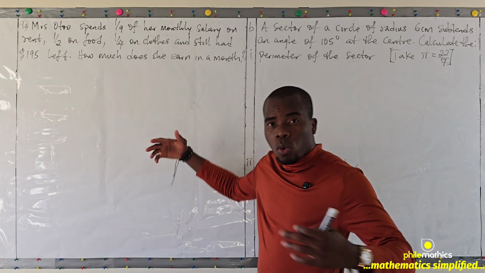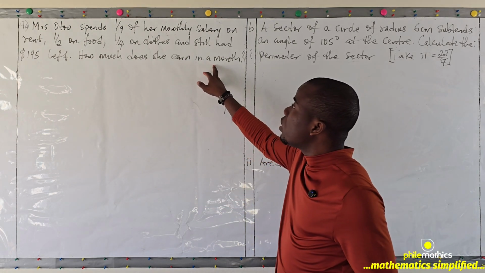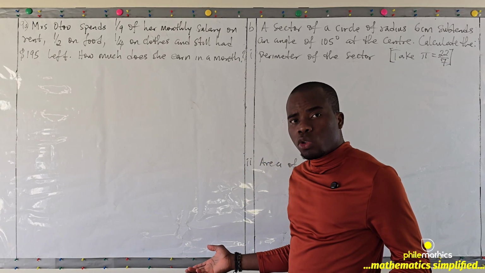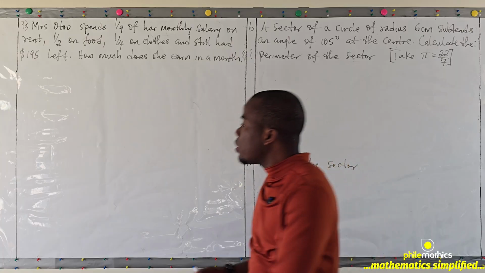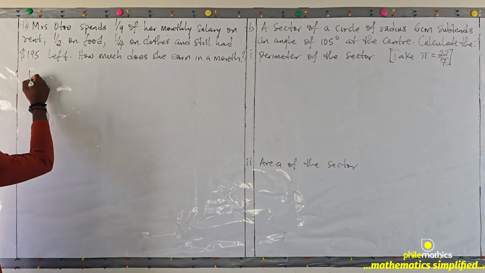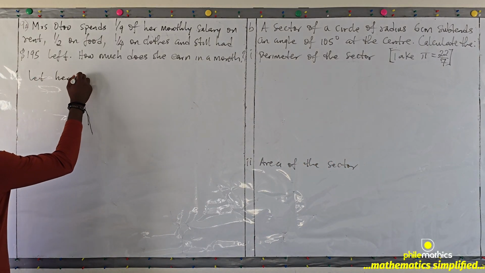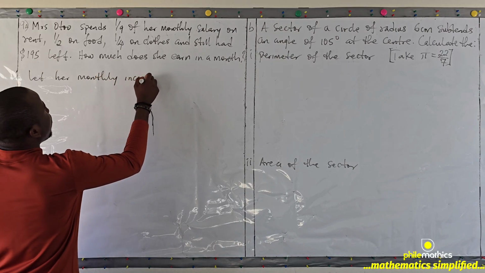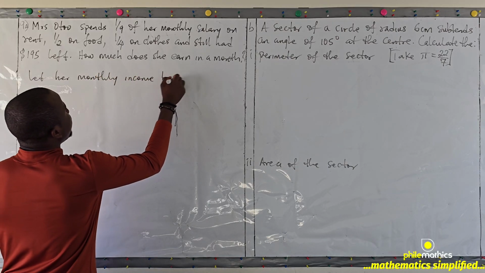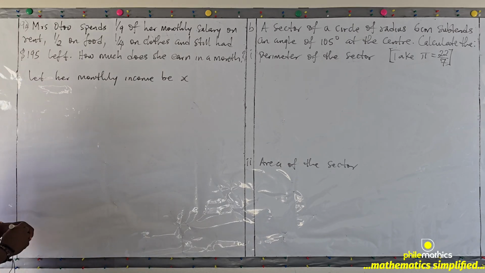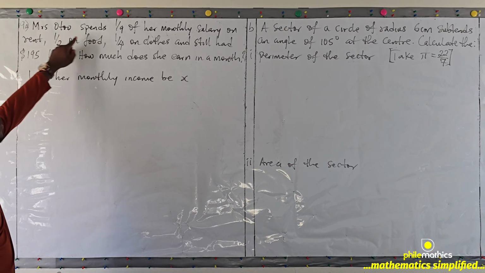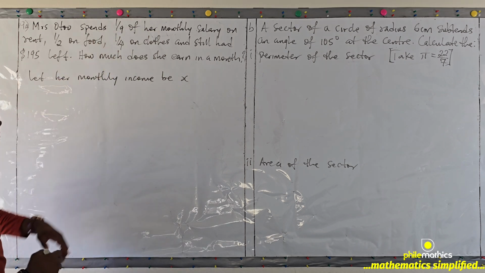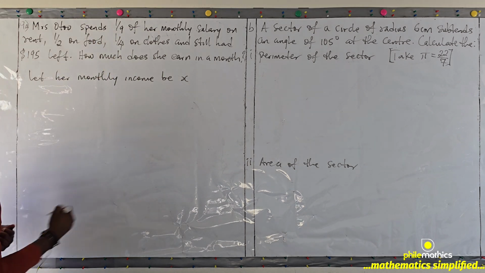So this is a word problem. You want to start with what you are looking for. How much does she earn in a month? So we say let her monthly income be X. So she spent 1/9 of her monthly income on rent.